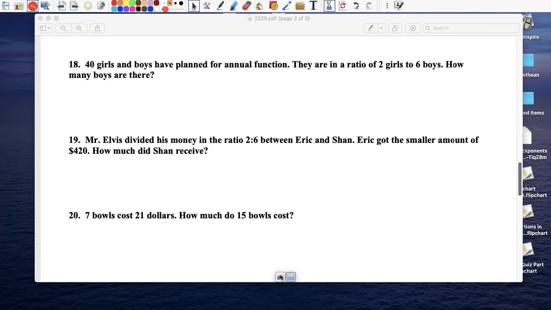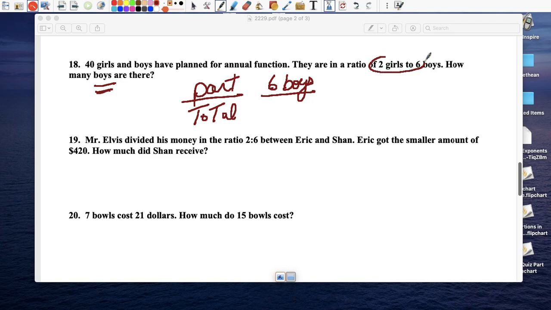Let's do 18. We're almost there. Again, this one we're going to do it differently. So we want to know how many boys, right? So this is a part to total ratio. We'll think about that. So we have 6 boys. When we have 6 boys, what is the total? Well, the total is going to be 8 total.